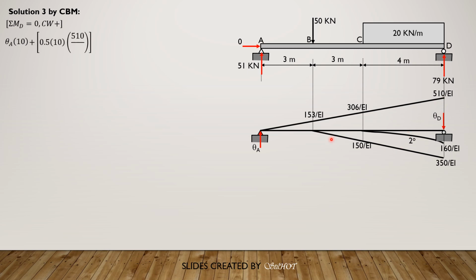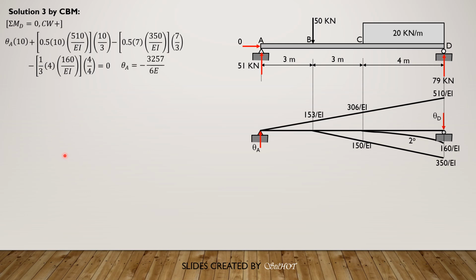Then minus 1/2 or 0.5 of 7 times 350 over EI times 7 over 3, then minus 1/3 of 4 times 160 over EI times 4 over 4 or 1, then equals 0. So solving for theta A is negative 3257 over 6 EI, just like before.